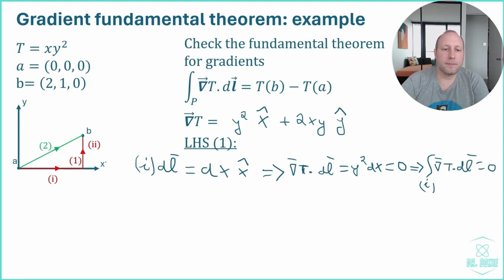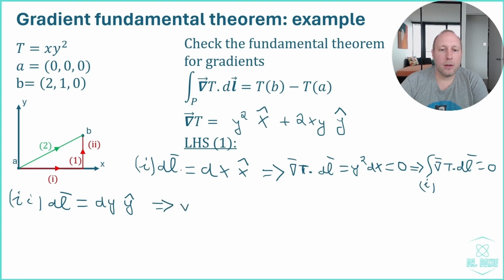If we now look at part 2 of this path, along this part dl is vertically upward, so of the form dy y hat. Therefore, the dot product of the gradient of T with dl is 2xy dy, where x now has a constant value of 2 because the x component of B is 2. So that means it's 4y dy.